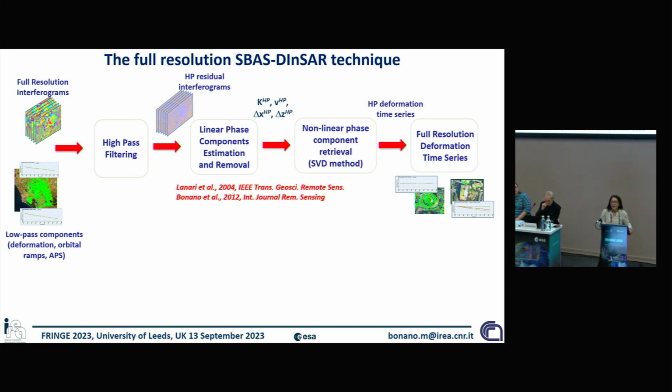The nonlinear phase components are assumed to be already unwrapped, so we don't need to apply another phase unwrapping step, and we can just go to the inversion of the system and find the HP deformation time series. Once found, we can sum up the linear, nonlinear, and low-pass deformation time series in order to get the full resolution deformation time series.